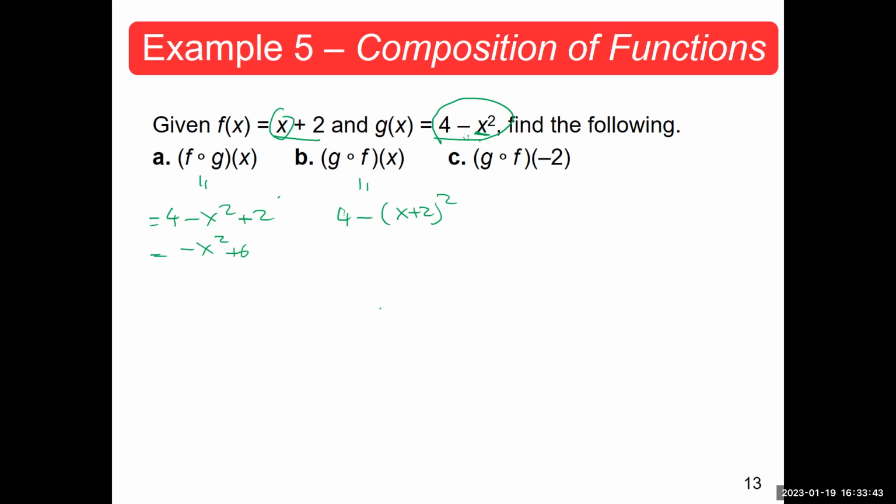Then you continue solving this problem. 4 minus x squared plus 4x plus 4. And this one equals 4 plus 4 is 8, so negative x squared minus 4x plus 8. Now we're asking you to evaluate this one here for negative 2.